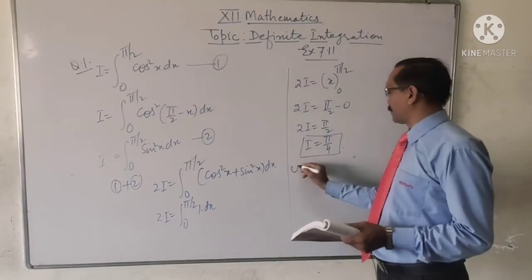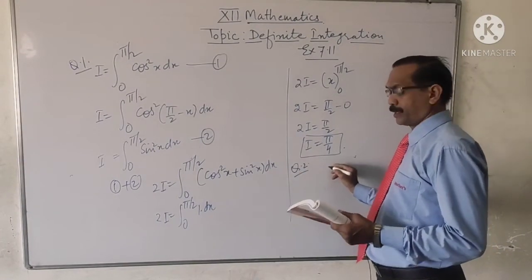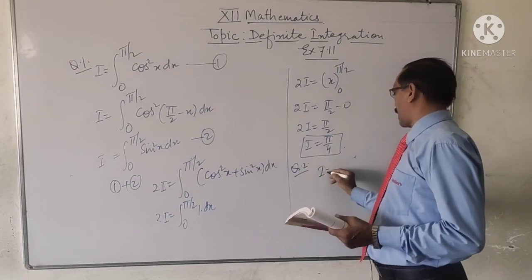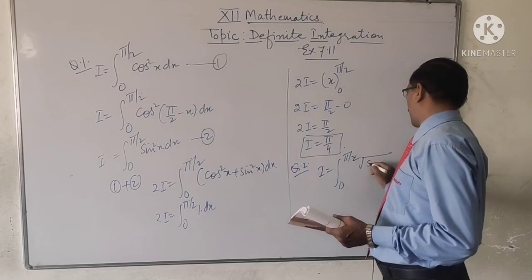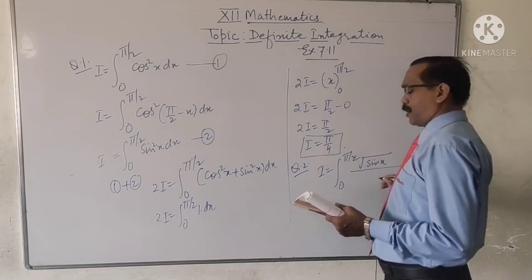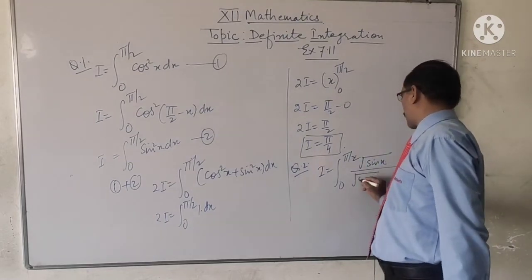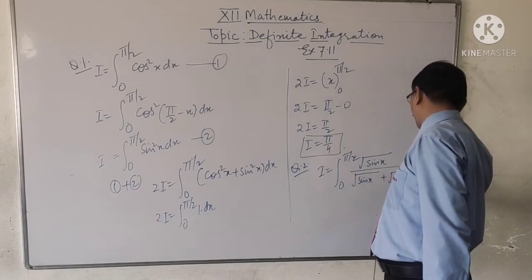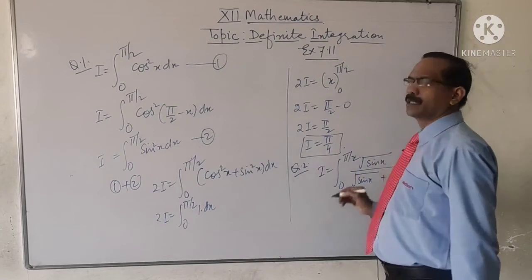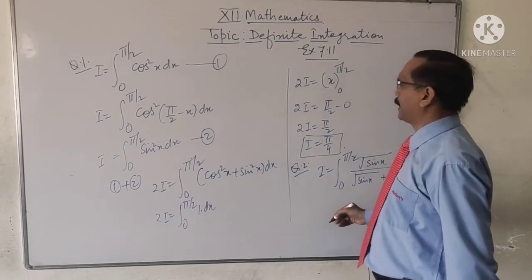Next is question number 2. There is I equals the integral from 0 to pi by 2 of root sin x upon (root sin x plus root cos x) dx. Now we apply the fourth property.